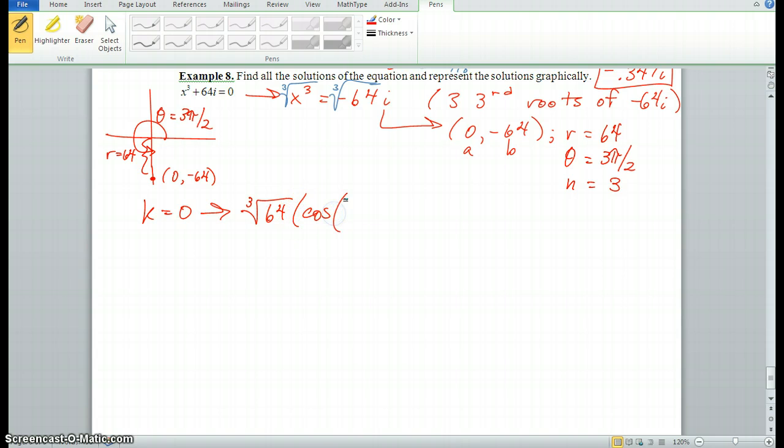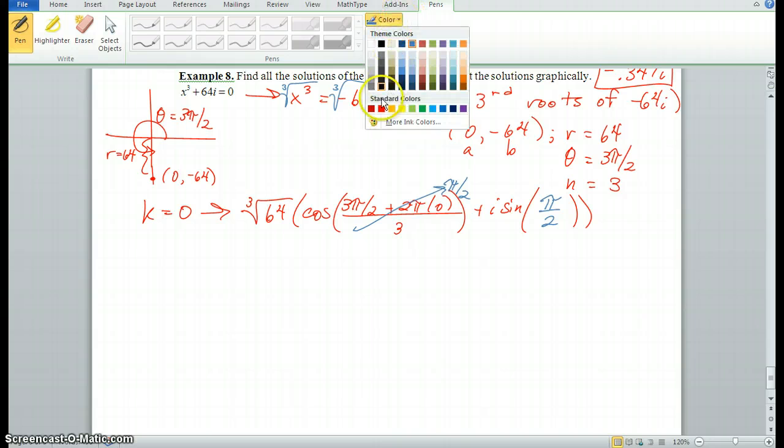Multiply that times the cosine of 3 pi over 2 plus 2 pi times 0 all over 3 plus I times the sine of the same thing. And in this instance, we've got 3 pi over 2 plus 0, or just 3 pi over 2. Divide that by 3. 3 pi over 2 over 3, or times a third. Well, the 3's cancel, so this is just pi over 2, as is this.